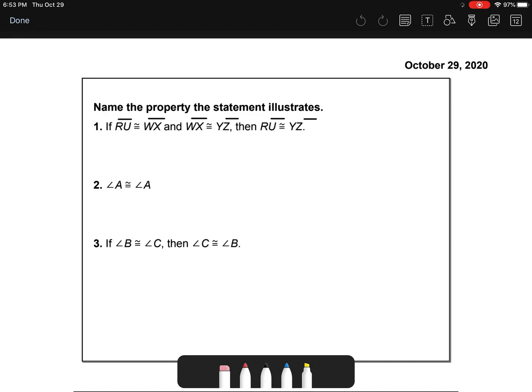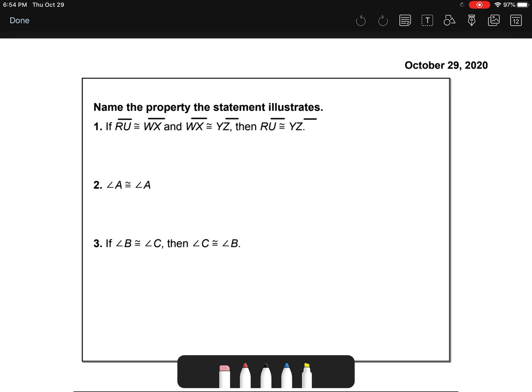Much like when you watch one of those shows on TV, maybe a lawyer show or an investigative show, a cop show, when they're solving a crime or solving a case of some kind, they always use what's called deductive reasoning, and that is basically what we're going to use to prove triangles congruent.